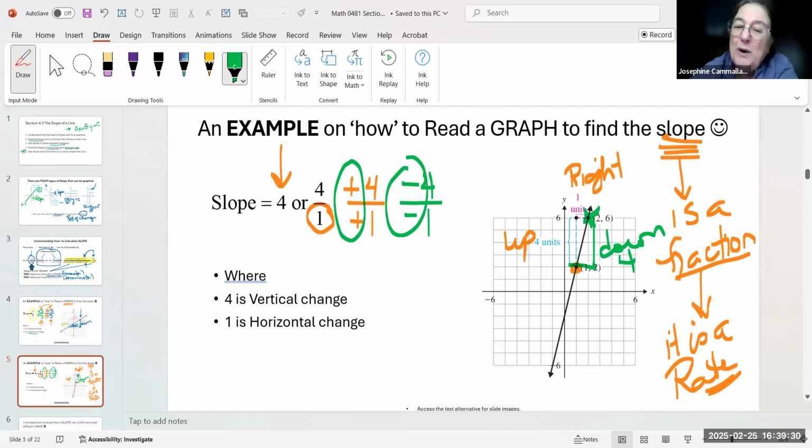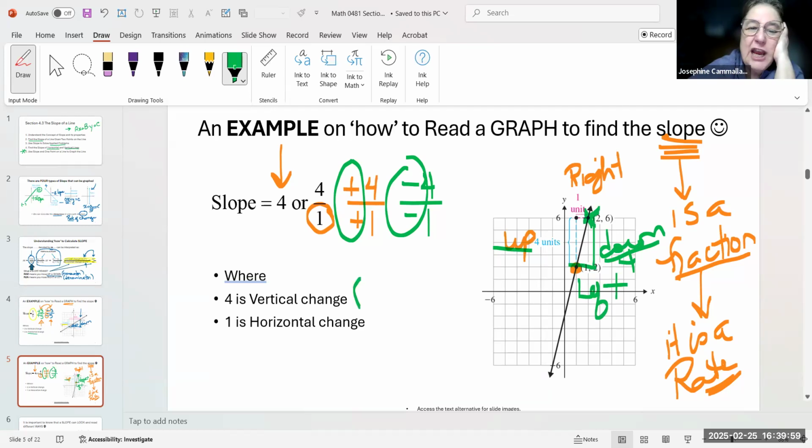So does it matter whether I start with the orange or the green? No. But I have to be able to understand that my first number is my up-down number. My second one is my right-left number. Okay?